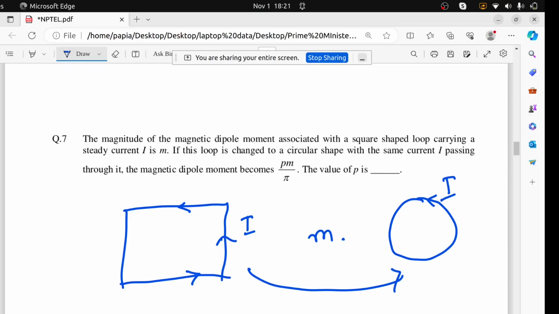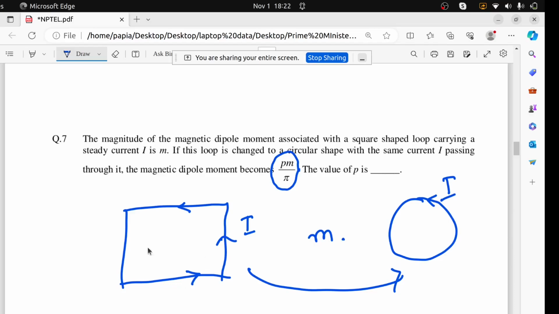Then we need to calculate the value of the magnetic dipole moment, and if I put it in terms of P by pi, then what will be the value of P? I think the question is understandable, right?